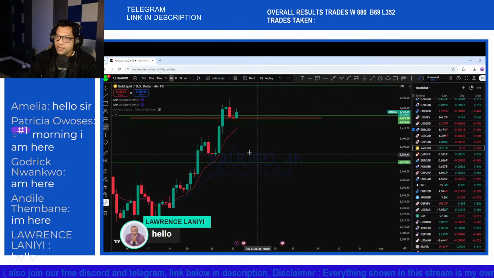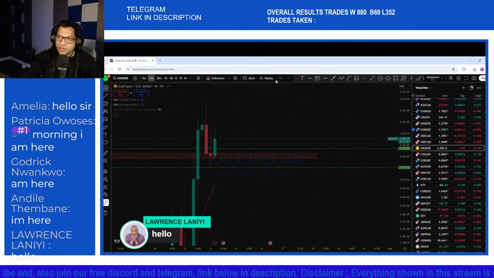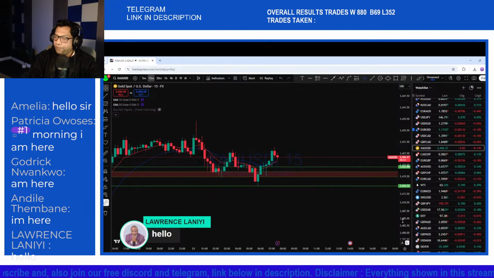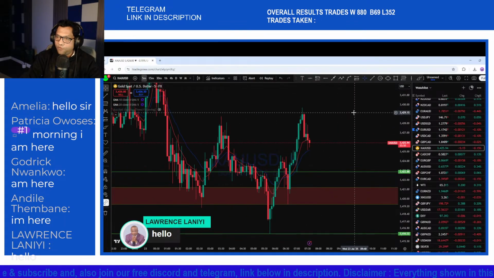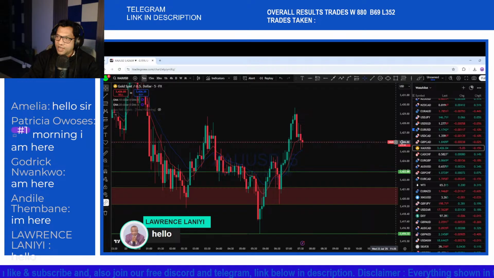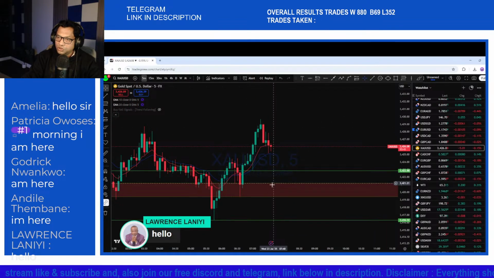So looking at here on XAUUSD, again in the same way, we can see that this market as well has formed a structure here, and with that structure formation, expecting that XAUUSD to potentially bounce back to the upside here.